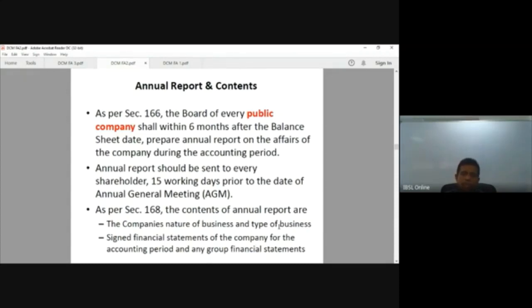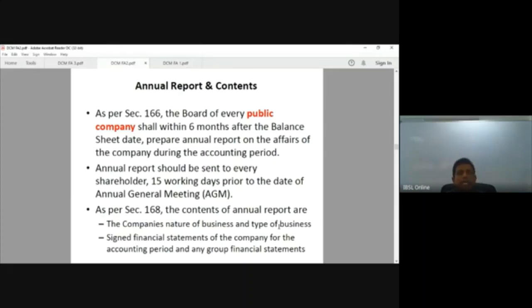The annual report is the main document for every company. It should not only have the accounts of the entity; it should have various other information also. The first point is the company's nature and type of business.